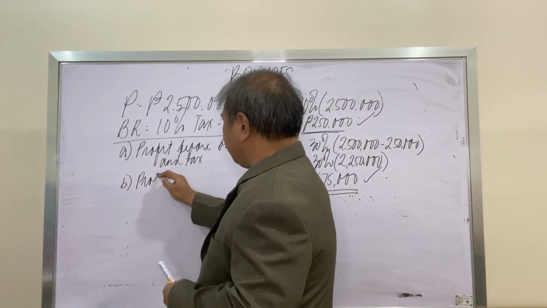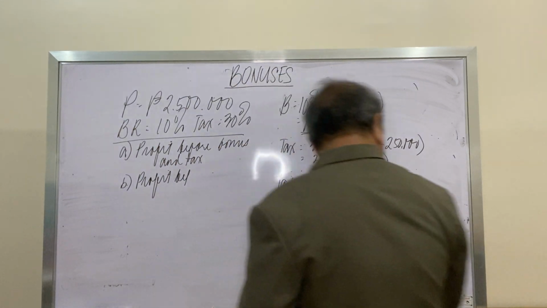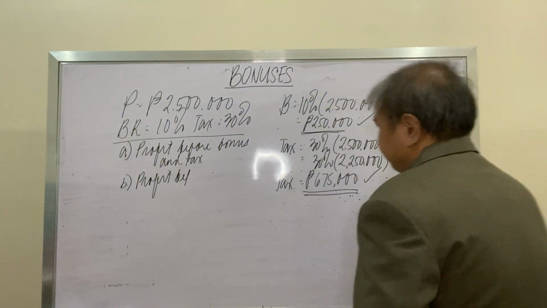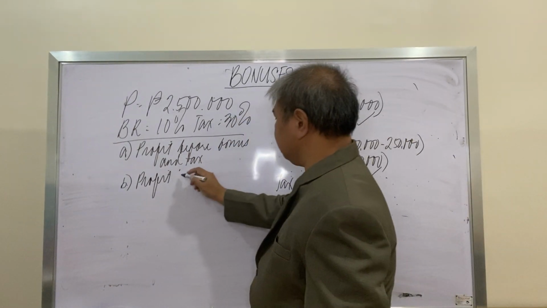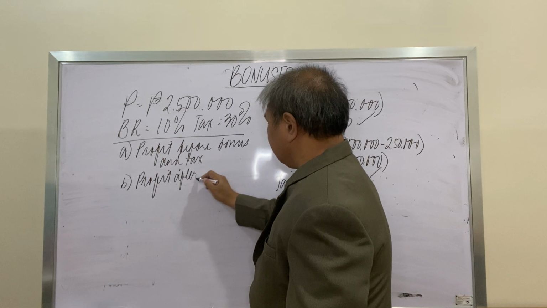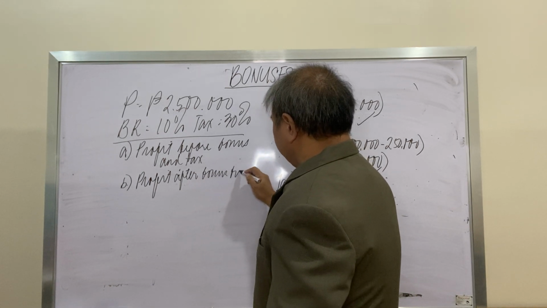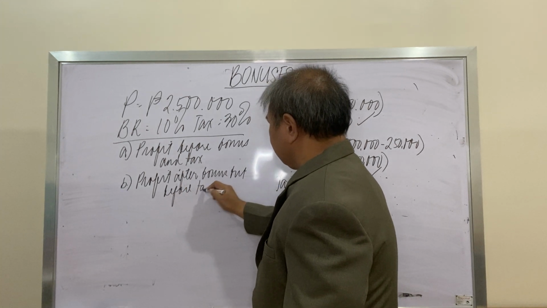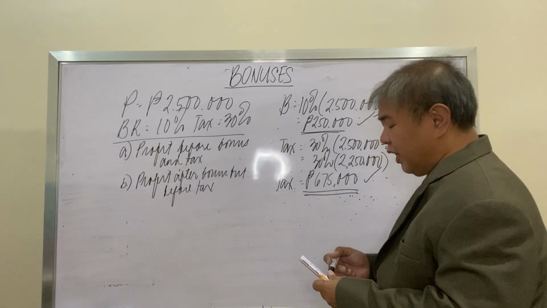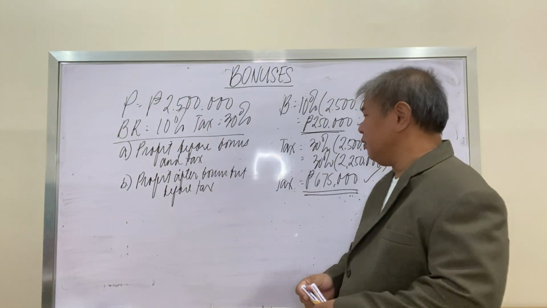it is based on profit after the bonus but before tax. So the second assumption is that the bonus is based on profit after the bonus but before the tax.